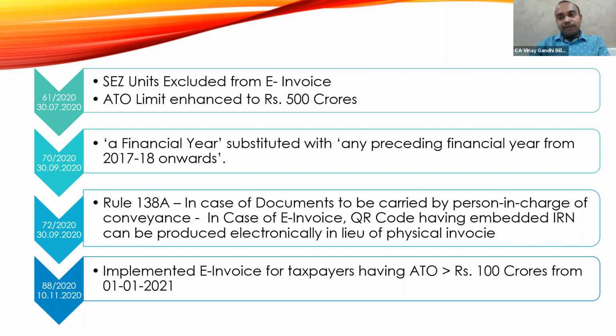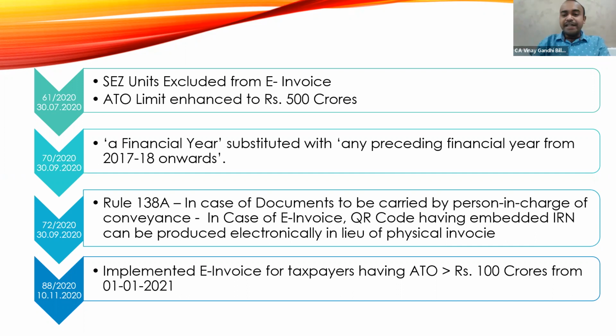Even then, on 1st of October 2020, I have to check my turnovers from 17-18 onwards. So almost my turnover in 17-18 is 510, right? So I have exceeded, though my turnover in the current financial year or the previous financial year is less than 500 crores, I have to implement the e-invoice system.